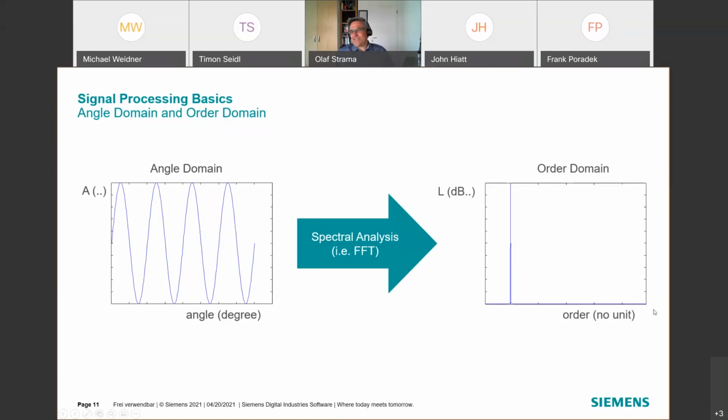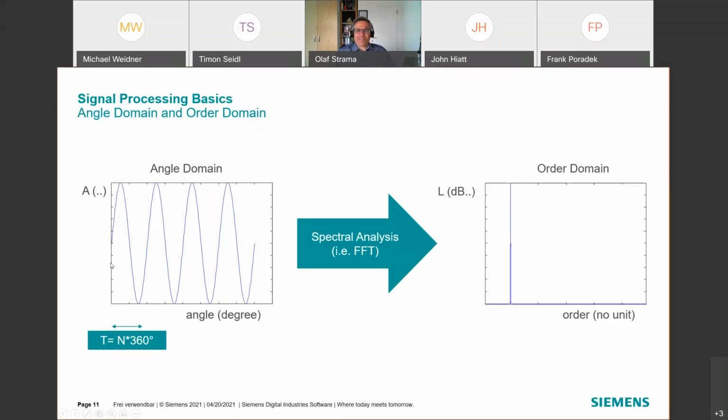And the x-axis on this plot is now not frequency, but it is order. And the order has no unit, since it is calculated as revolution frequency in hertz divided by frequency of the reference shaft, also in hertz, and hertz divided by hertz is 1, and so we do not have a unit here. But the relation is quite similar.